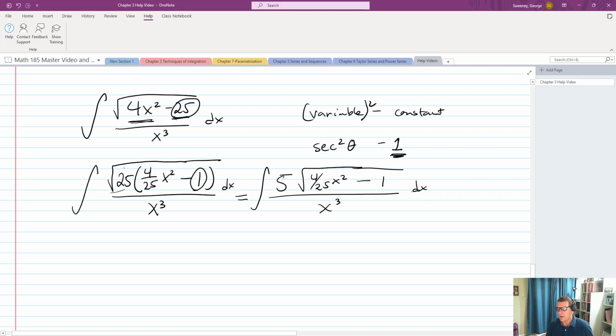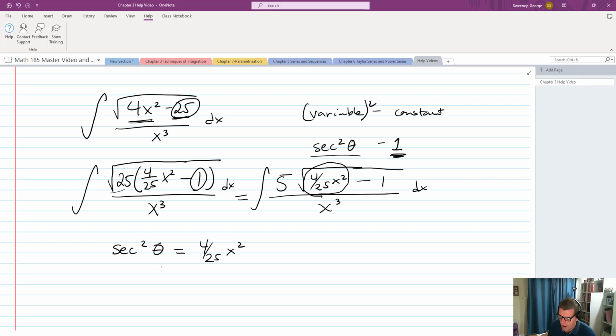Now if I've got that, I just need to turn this into secant squared theta. So I'm going to say secant squared theta equals 4/25 x squared, and that way, when I substitute in 4/25 x squared, I get secant squared theta minus 1. What we don't want to forget is that we're also going to need a d theta, and we need to know what x is.